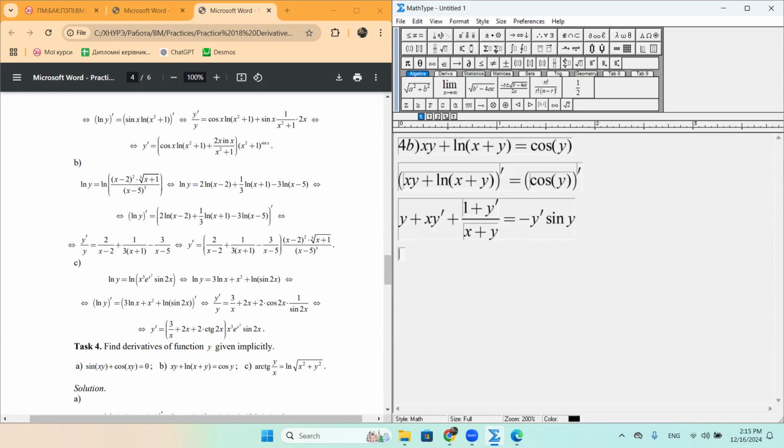So we need to solve this equation with respect to y prime. Now doing the next manipulations. Let me move this expression to the left part.